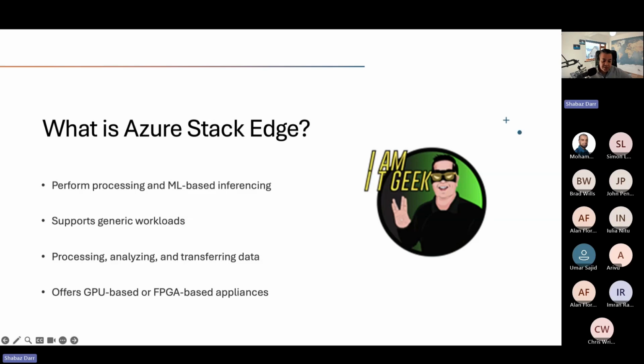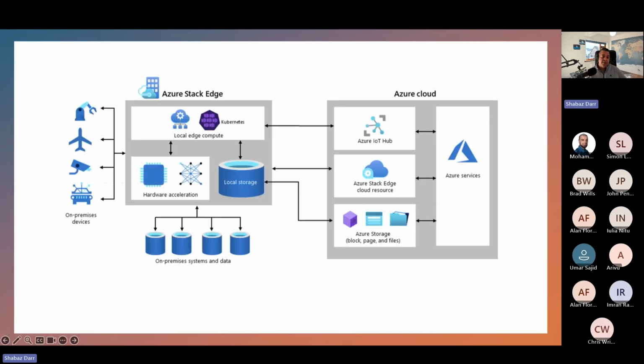We can probably see a difference between this diagram and the Azure Stack Hub one, because again, we have that integration with Azure Cloud here, where we didn't have that with the Hub. On the right-hand side, we have our Azure Cloud, which includes the integration with IoT Hub, Azure services as well, and your storage. In the center, that's where we have our Azure Stack Edge, which is in our data center somewhere on premises.